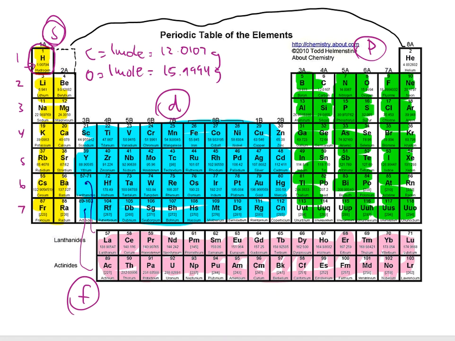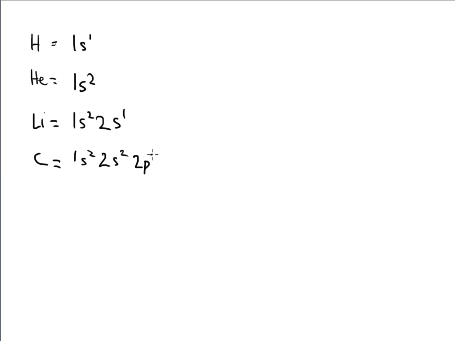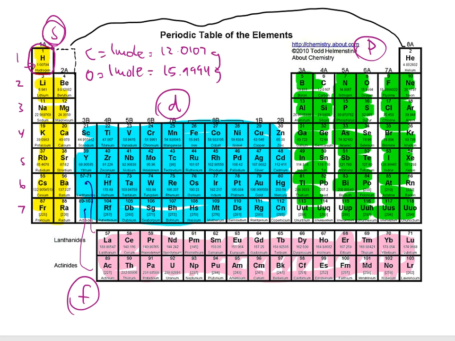And then I go to carbon. Carbon's 2 over. So this is boron, P1, and carbon is your second one, so that's a P2. And there you go. There's the electron configuration for carbon. 1s2, 2s2, 2p2.